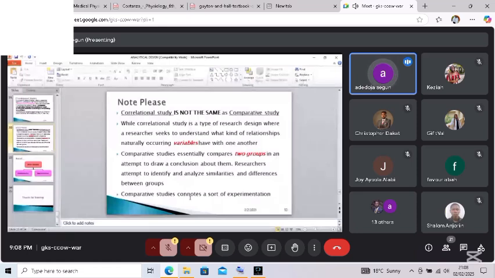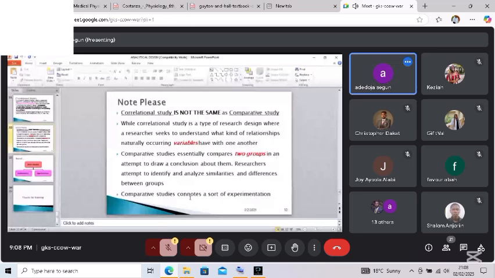The comparative study essentially compares two groups in an attempt to draw a conclusion about them. Researchers attempt to identify and analyze similarities and differences between groups. Comparative studies connote a sort of experimentation.